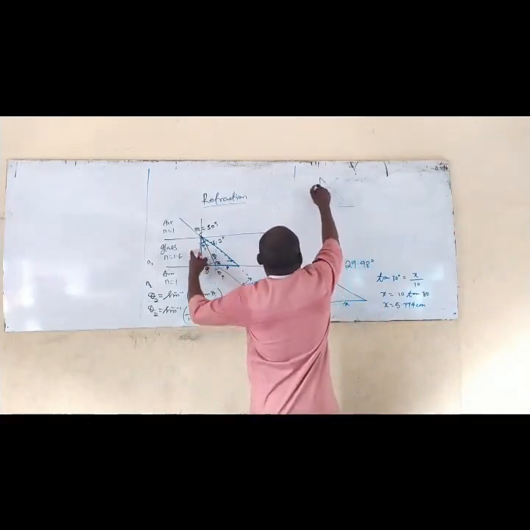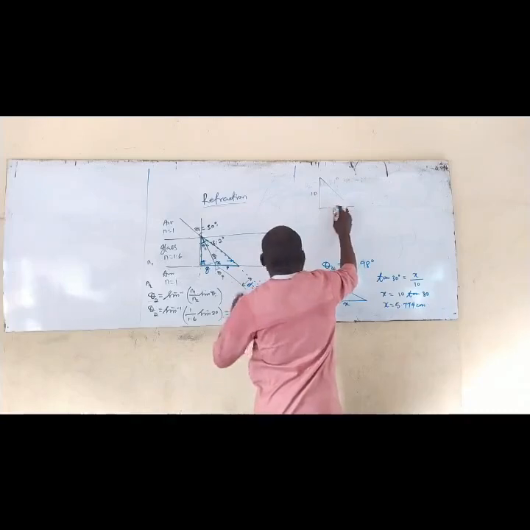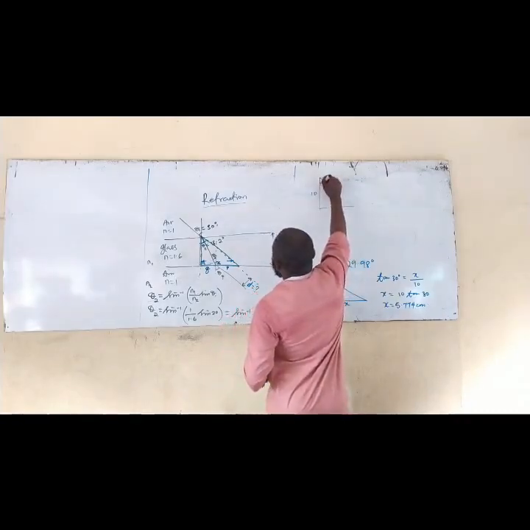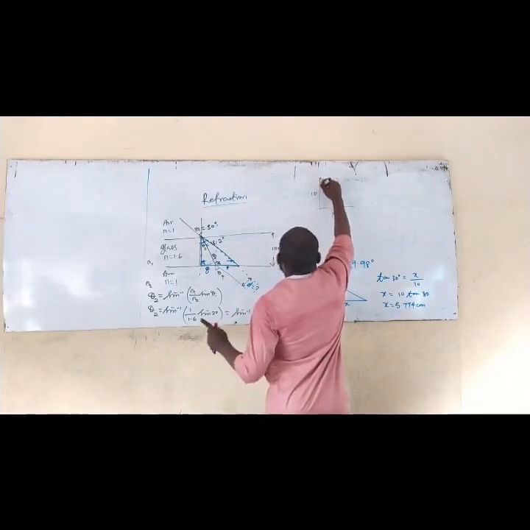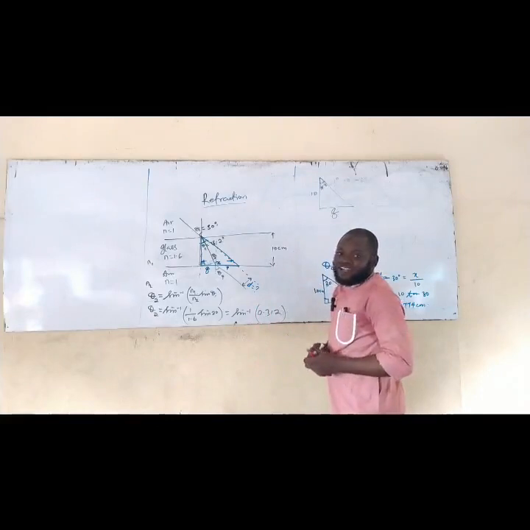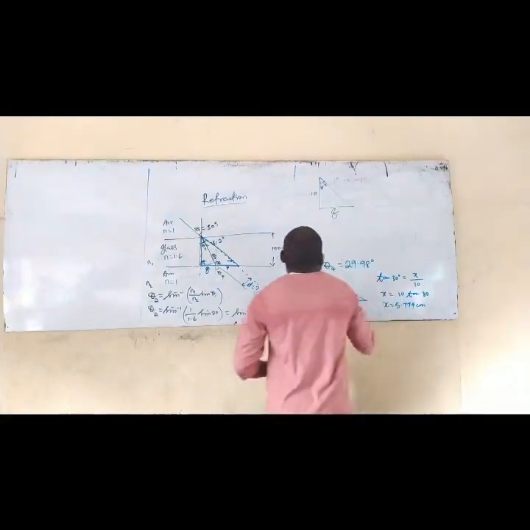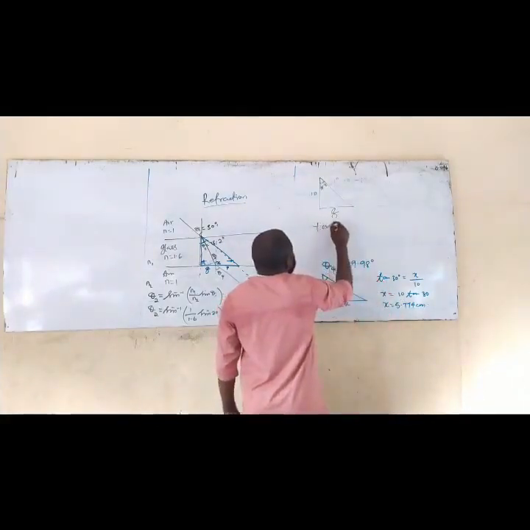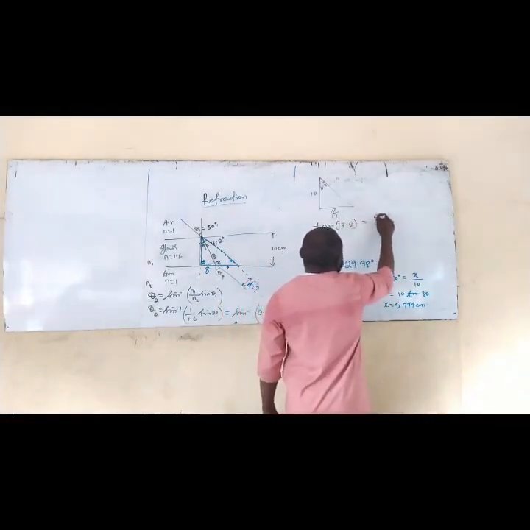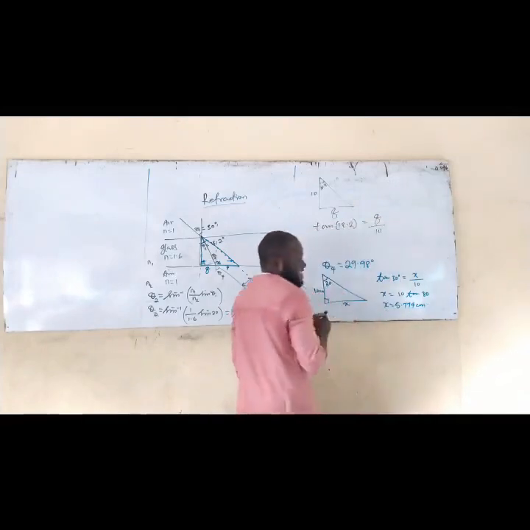Here you know this is 10, and this is Q. And this angle is going to be 18.2. Are you seeing this now? Yes. Okay, so 18.2 equals Q divided by 10, right?